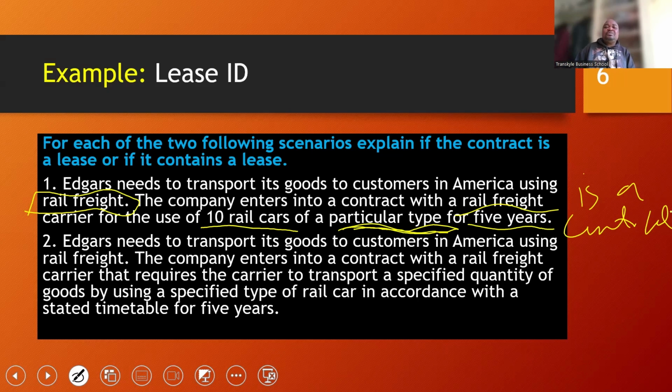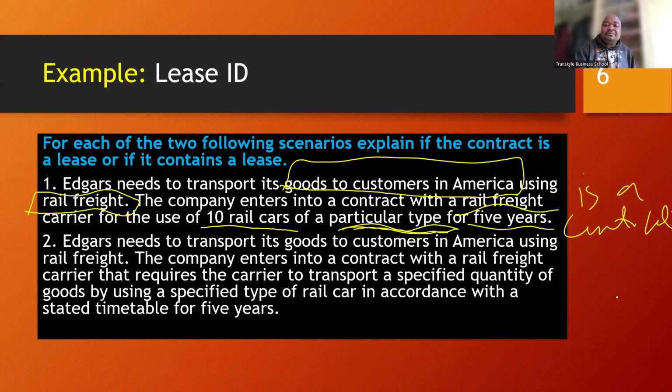And it will be used specifically to transport goods to customers in America, which means this rail freight carrier is not going to substitute the use of these assets once the contract starts to run. No substitution. You can argue along these lines, and you'll be assured of your 2 to 3 marks.